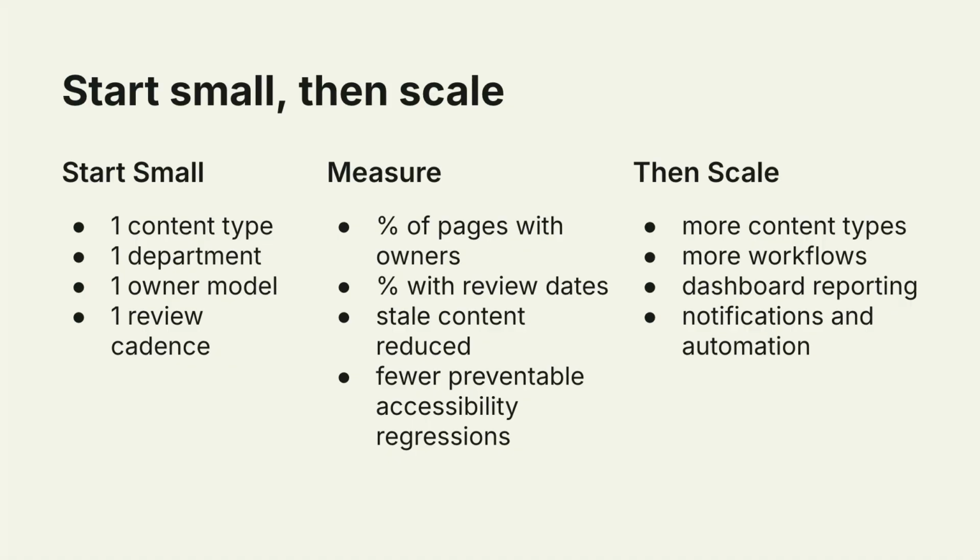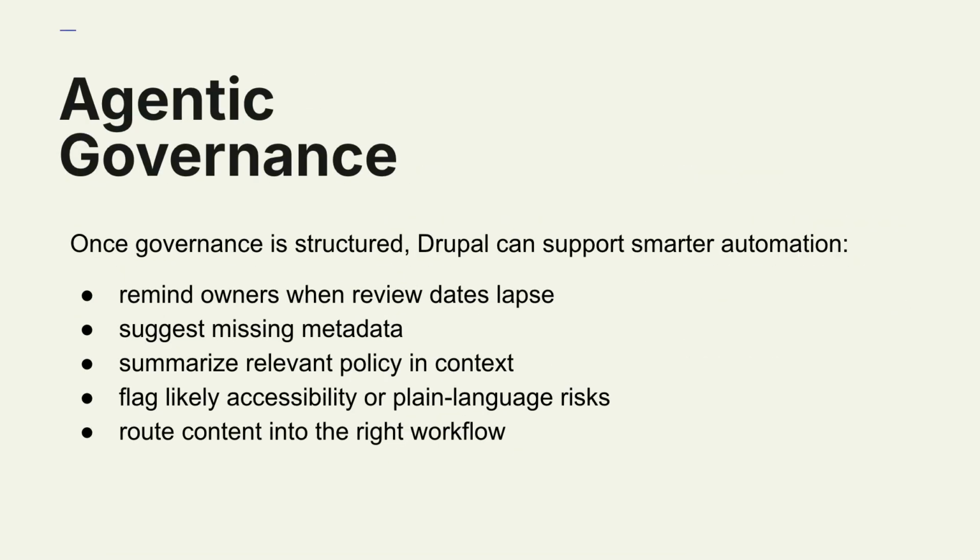All right, so I'm moving pretty fast, but before we get into the demo, I do just want to talk about where this is going to go from here. What I'm going to talk about today does not really involve AI, but I will say that once you have the metadata, structured governance data in Drupal, and workflows, you can really leverage some of the automation tools that are emerging.